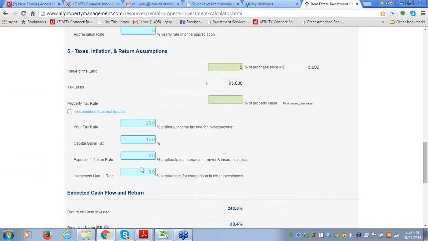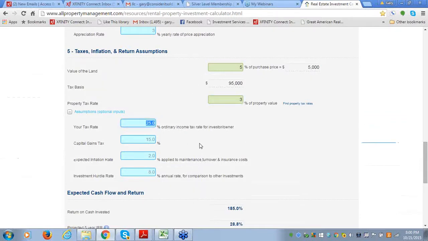Inflation, let's leave it 2%. Investment hurdle rate. In other words, that's what you've got to get to make it more compelling versus other investments like stocks and bonds and mutual funds, okay? But back up here, property tax rate, I'm going to say, let's say 3% for that, okay?